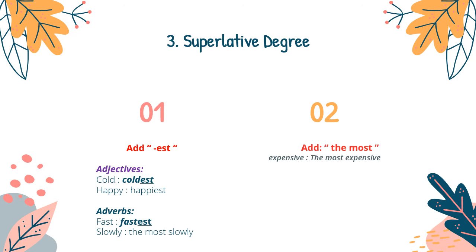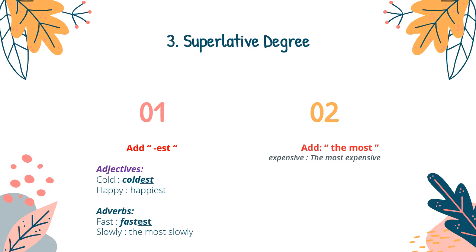For example, cold, coldest, happy, happiest. And for adverbs, for example, fast, fastest, slowly, the most slowly. And when the adjective or adverb has more than one syllable, we just put the most. So, for example, expensive in superlative degree becomes the most expensive.